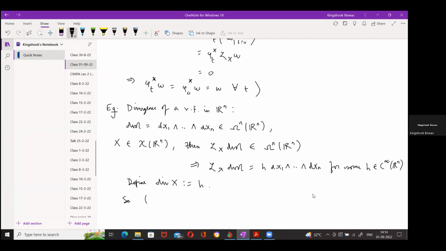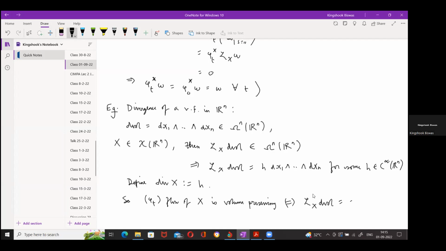Yes. So the flow phi_t, flow of X, is volume preserving if and only if L_X dvol is 0, right?